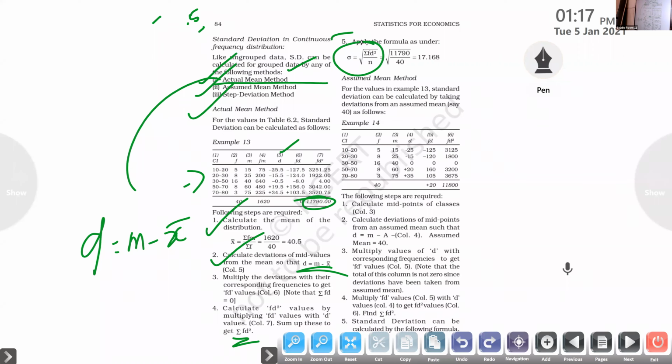We know sigma FD square here is 11790, divided by n, which is 40, the sum of the frequencies. So we got the answer 17.168. Idea clear?